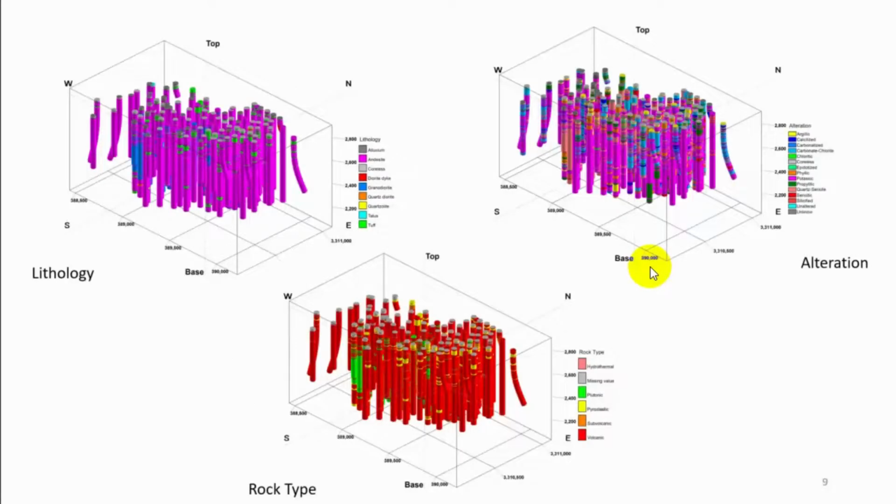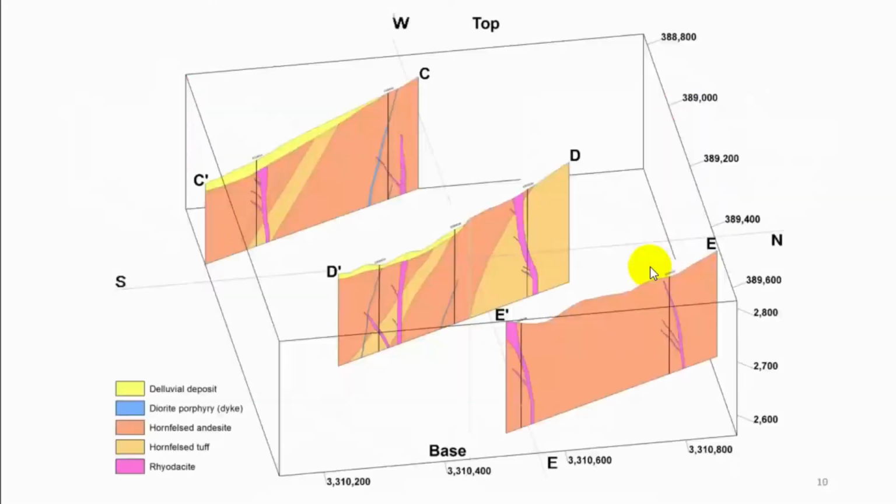And in this study, we use geological data that include lithology, alteration, and rock type, along with the structural data and geochemical data to create a posterior probability model. And here you can see the 3D strip logs of lithology, alteration, and rock types. And here you can see 3 cross sections from our study area.